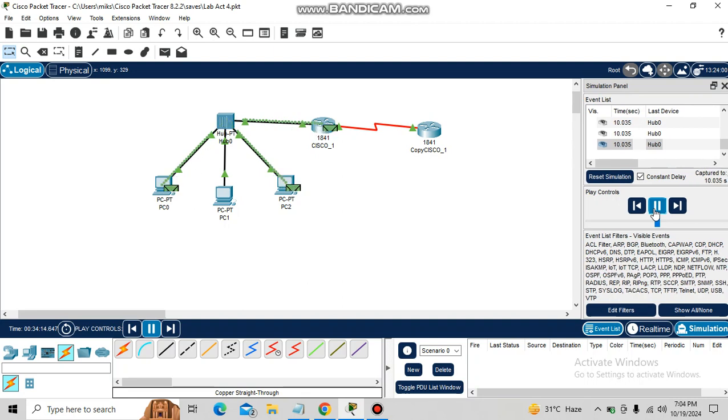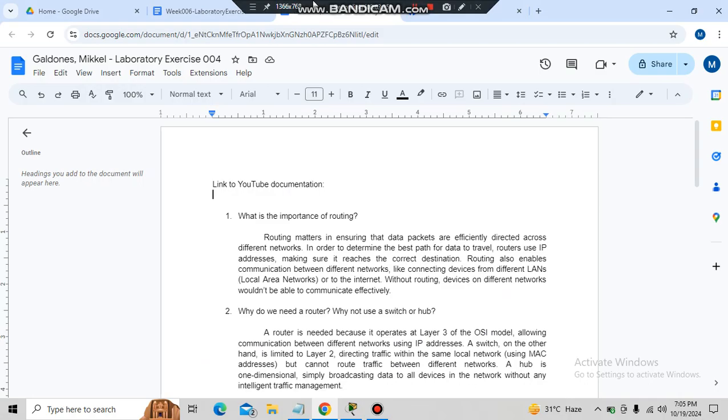And the hub transports them to the other components of the network, and the packet drops. But at least we know that our routers work and our network works. So, yes, let us pause the simulation and let us answer the questions.